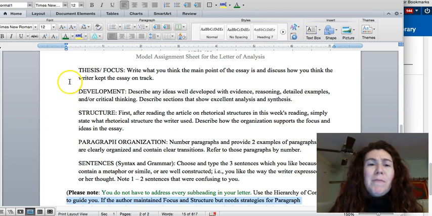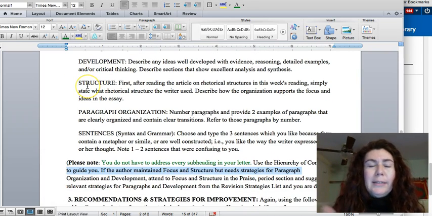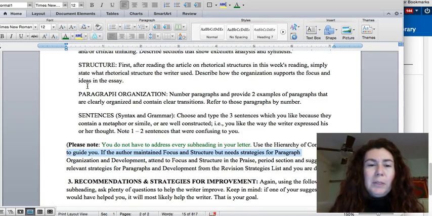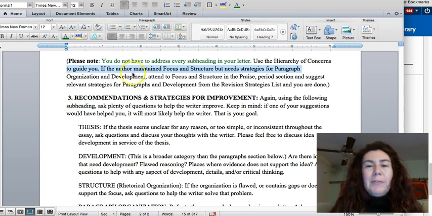But if their thesis was great, tell them that you liked it. If they had good development in a particular paragraph, tell them that. If you like the way they set up their problem solution structure, that's great information for them to know. Again, you don't have to address every subheading, but in the praise section, it's nice to include as many as possible.